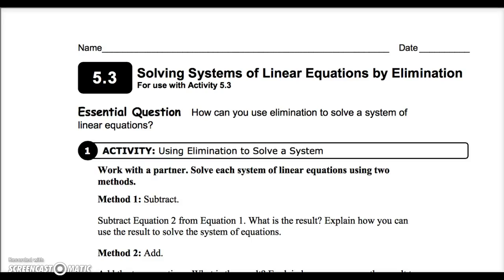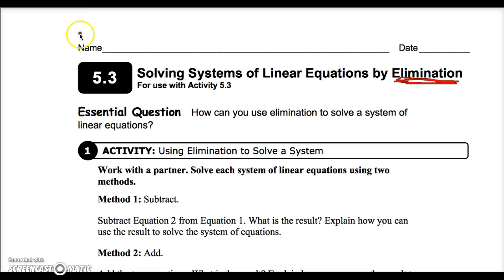We are on page 109 of your workbooks. It should say 5.3. We're going to be solving systems of linear equations by what's called elimination today. If you think of the word elimination, if you eliminate something, you want to get rid of it.